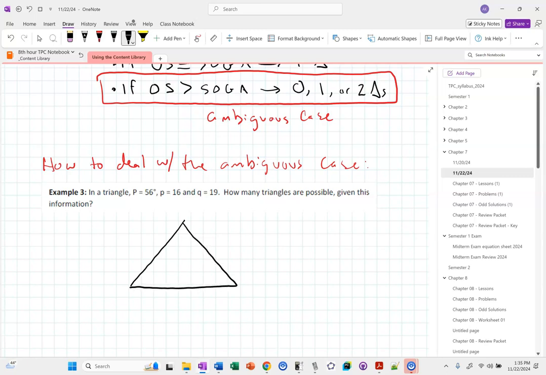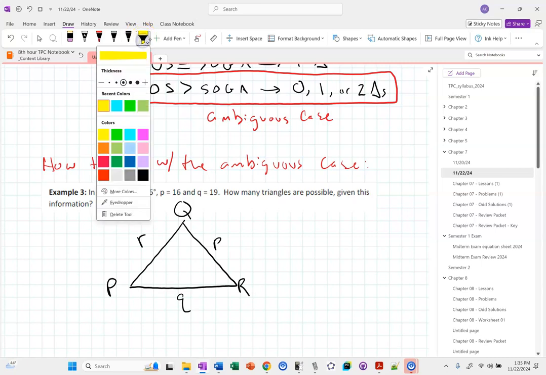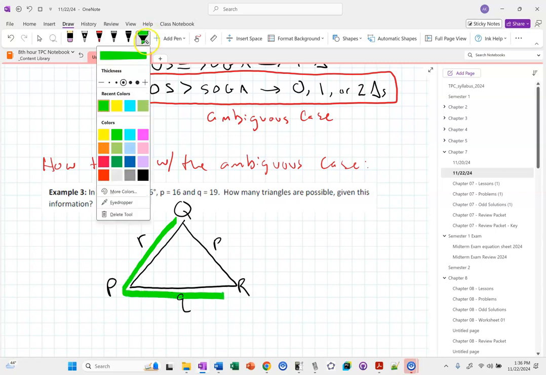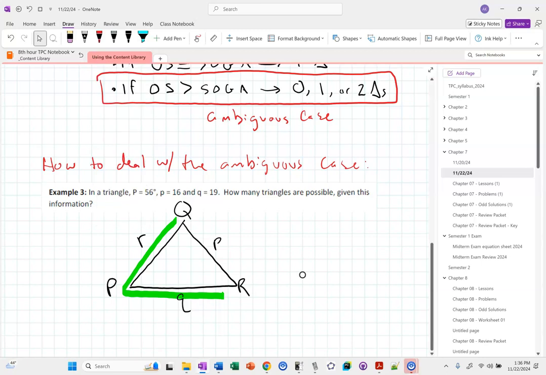So I'll start by drawing my triangle, and I'll label my sides using our side naming convention that we've discussed. So I'll draw in my given angle. Oh, I should add in my givens, right? I have my one side and my other side.